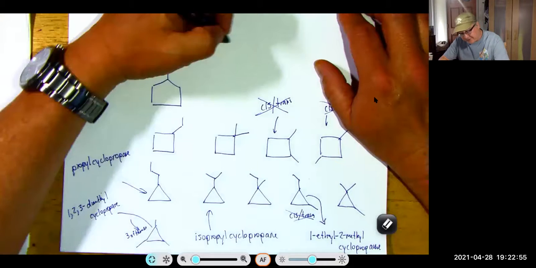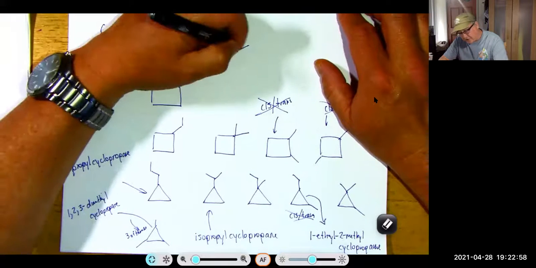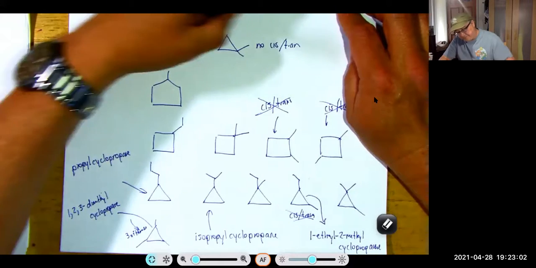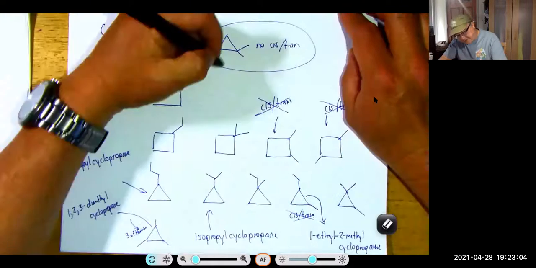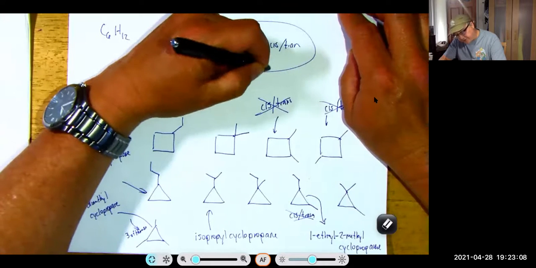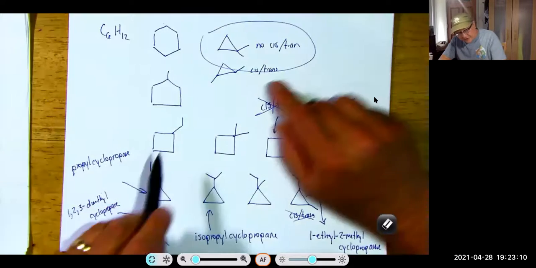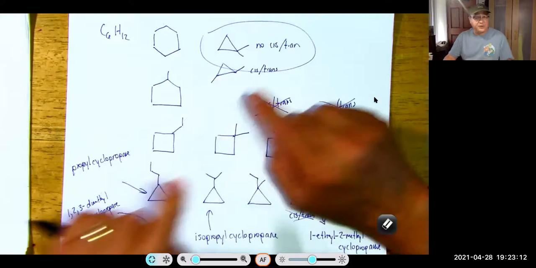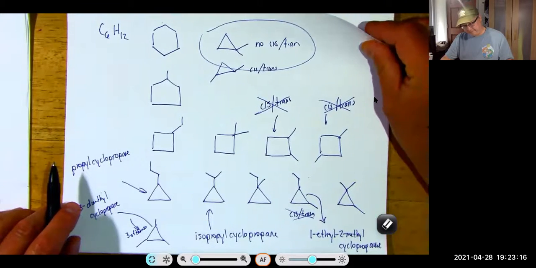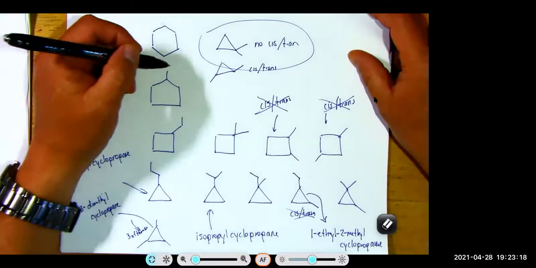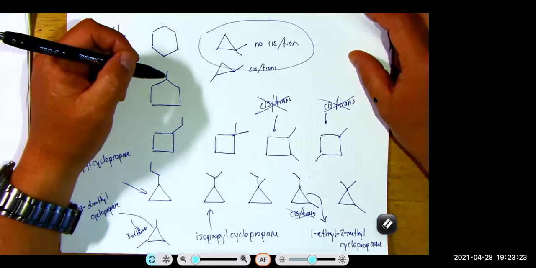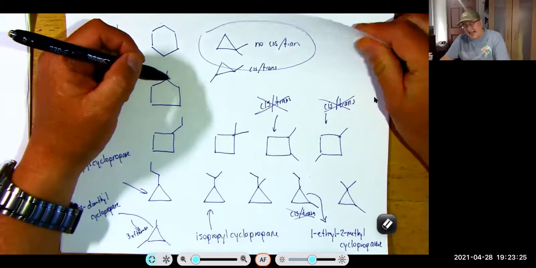So this, no cis trans. But this does have cis trans. So when you've got 2 substituents on different carbons, you got a cis trans. And the best way to draw those isomers is from the side, yeah.